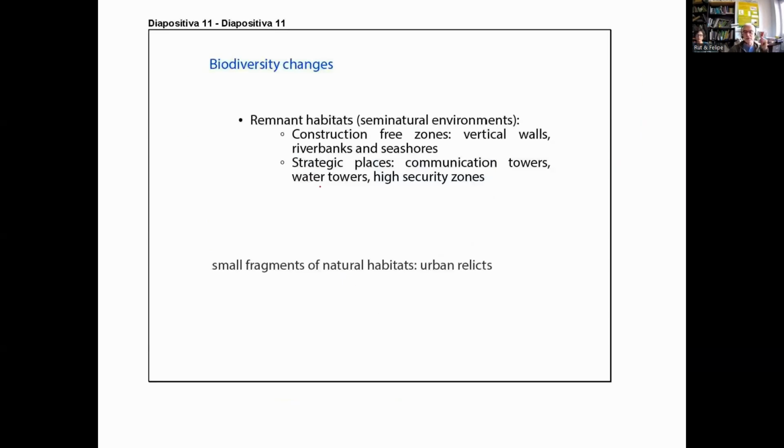Another important thing we have to bear in mind is not only extinction, but that because cities constantly grow, you produce a lot of fragmentation, small fragments of natural habitats that we can call remnant habitats.